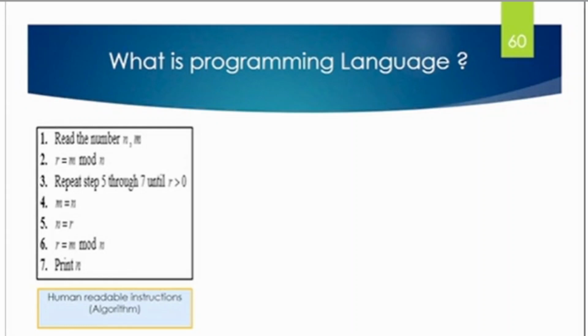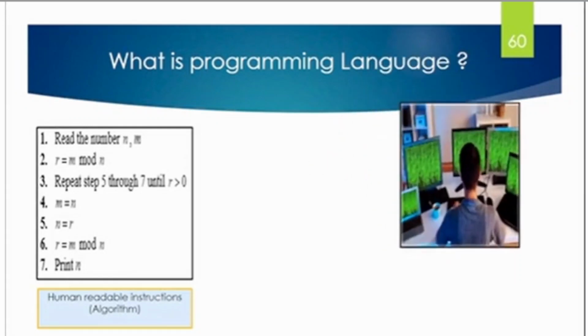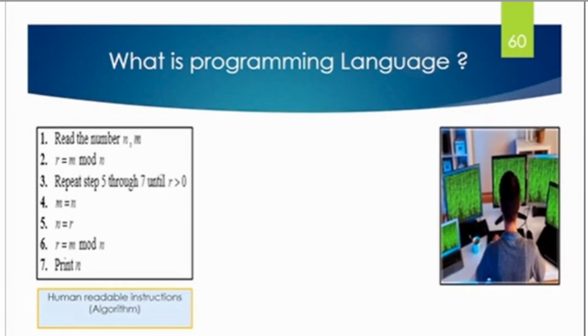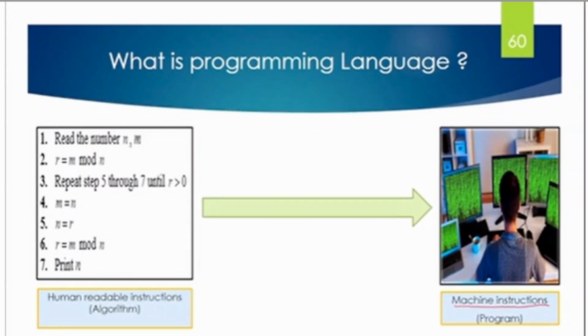So our final objective is to run the algorithm using a digital machine or computer. A computer can only understand machine instructions, which are written primarily in binary language, which is the strings of 1 and 0. So there must be somebody or something which can convert this human readable instruction into machine readable instructions.